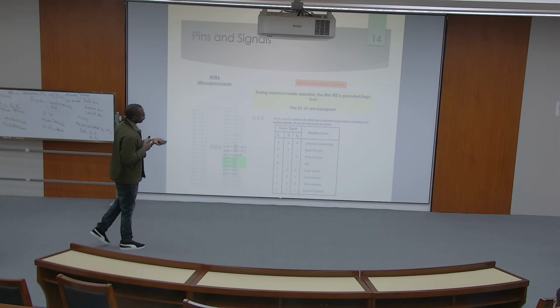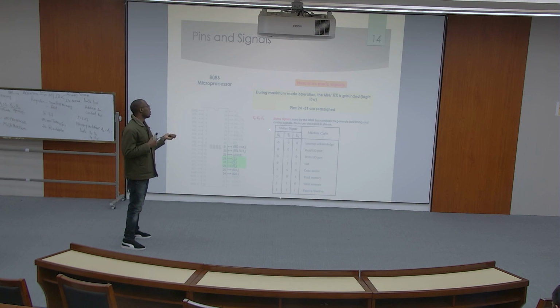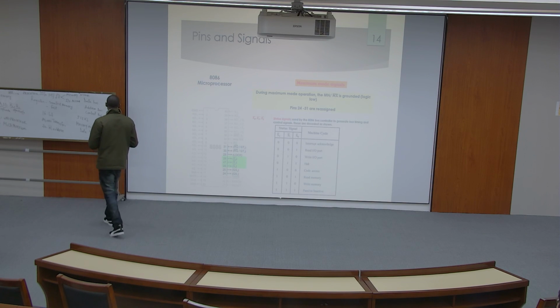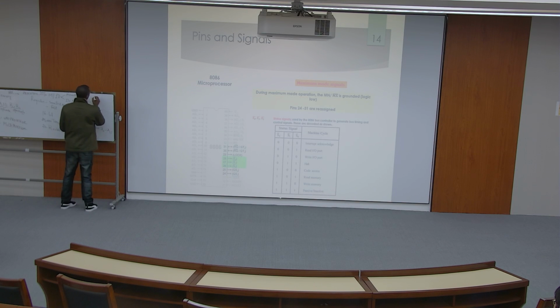We have different control signal status for S2, S1, S0, and we have the machine cycles on the other hand. For example, if we have S0 set to 0, S1 set to 0, and S2 set to 0, we have interrupt acknowledge. When we have all these control signals set to 0, we have interrupt acknowledge.